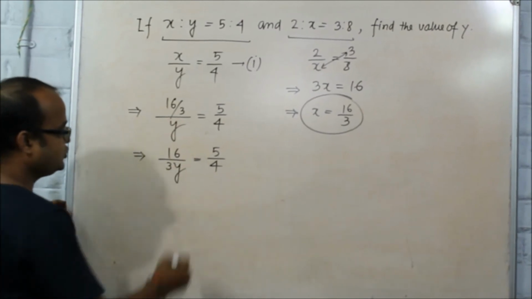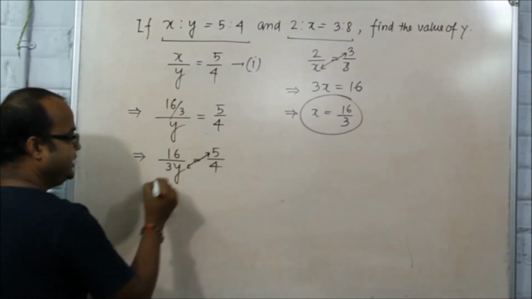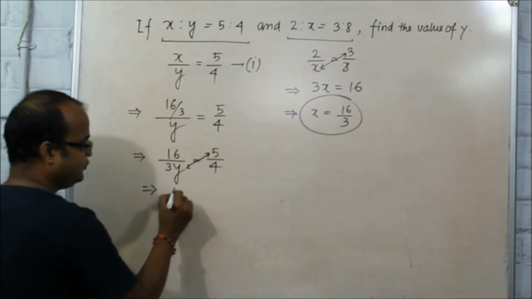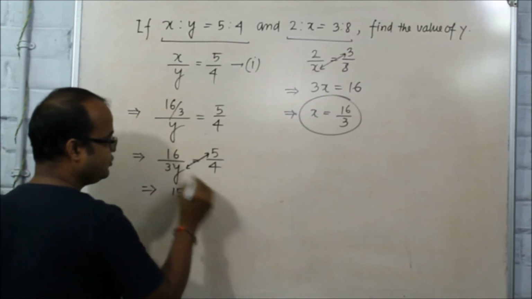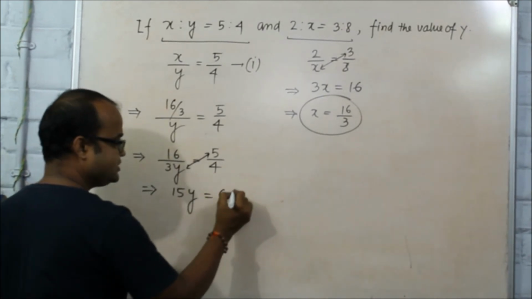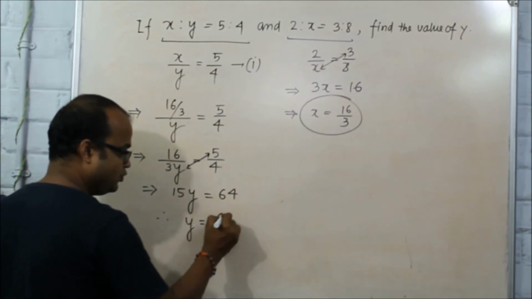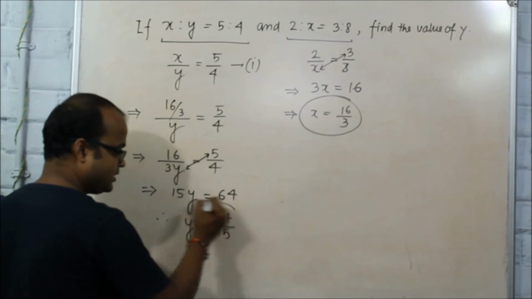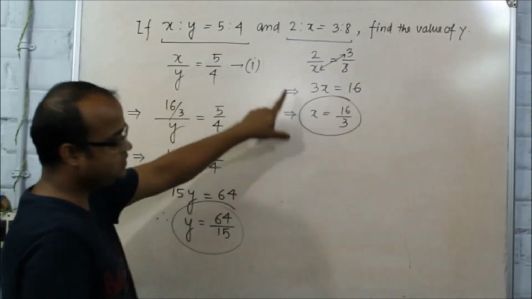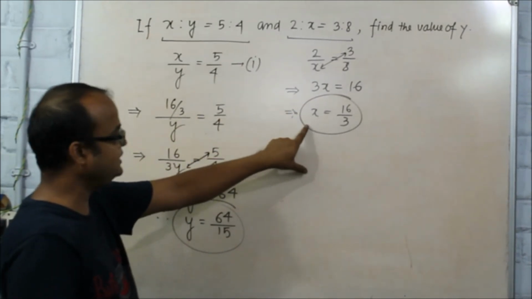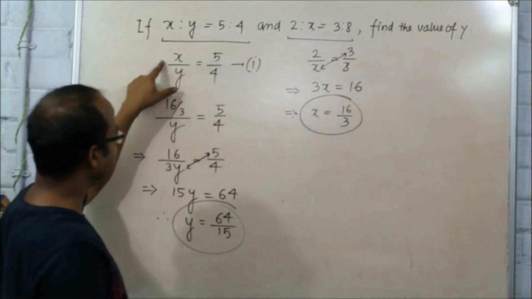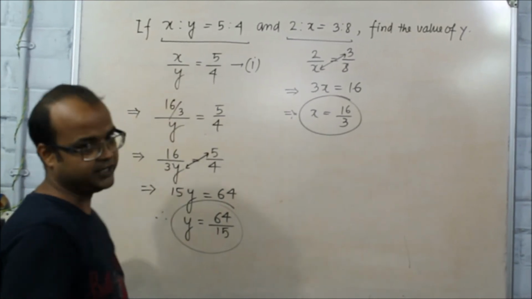Now apply the cross multiplication. So 3 into 5y, that is equal to 15y is equal to 16 into 4, 64. Therefore y is equal to 64 by 15. Clear? So I am using this equation to find out the value of X. Substitute the value of X here, so we will get the value of Y.